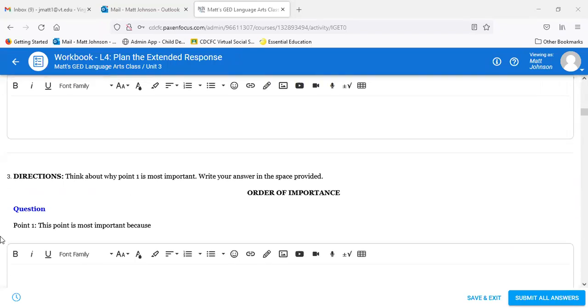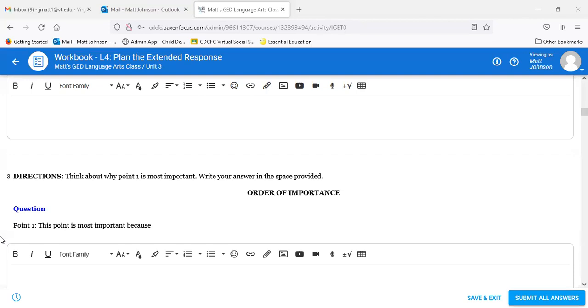So what's it ask us here? I'm going to assume we're starting with our most important. Do we see point of view as the most important then? Yes. Okay, just for the sake of the exercise, we'll say point of view. And again, you could disagree with me.